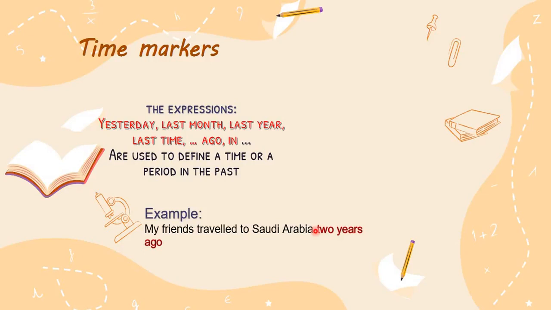We don't have the exact time here. When I say 2 years ago, I have referred to a specific time or a specific date in the past. For example, now we are in 2022. When I say 2 years ago, my friends traveled to Saudi Arabia in 2020. So they traveled in 2020.